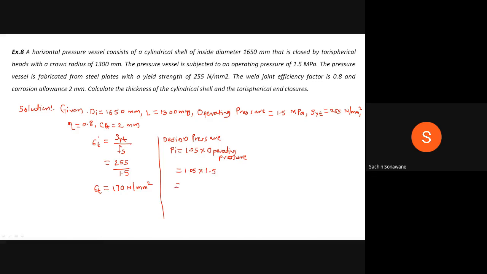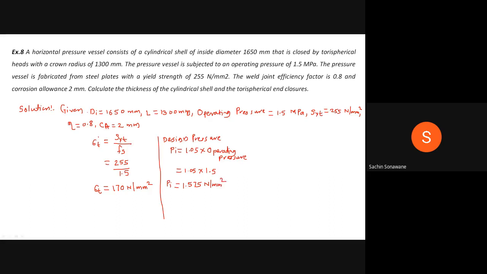Calculate. The answer is 1.575 Newton per mm square.